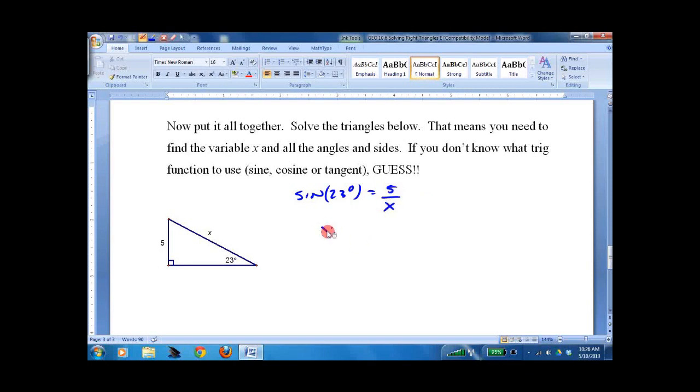So x equals 5 over sine of 23 degrees, which is 12.8. So this is 12.8. I want to find out the other angle here. Well, that's just 90 minus 23, 67 degrees.